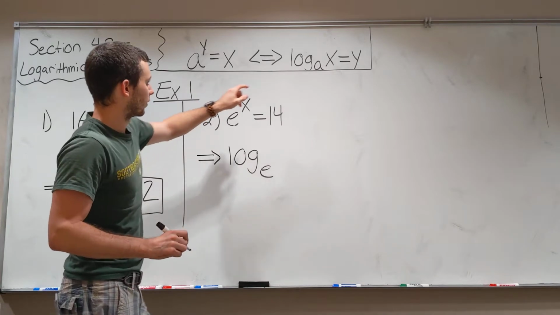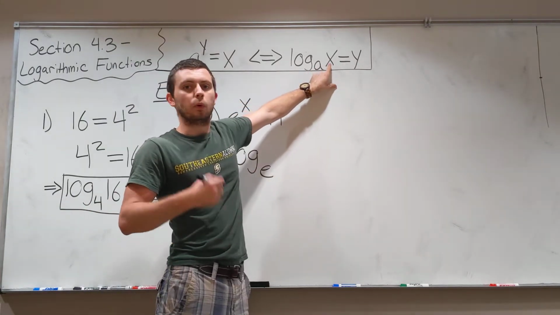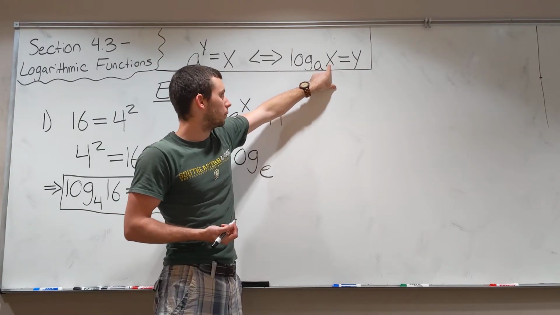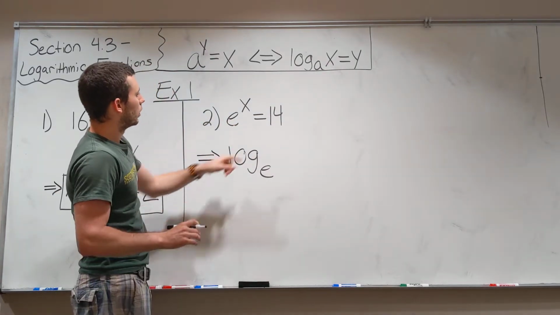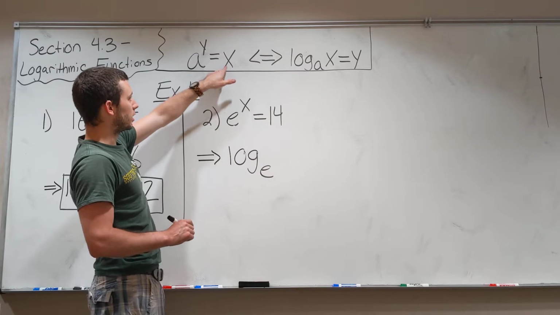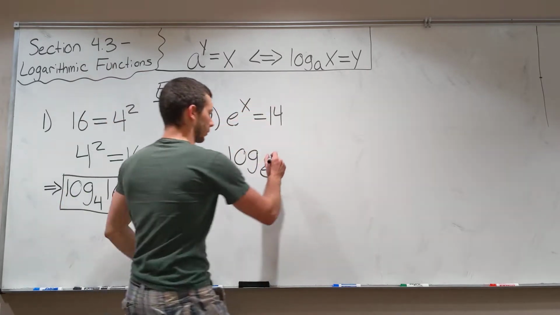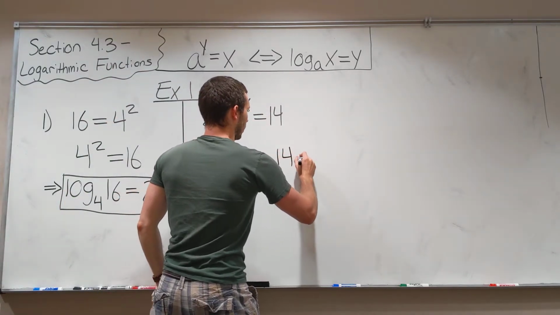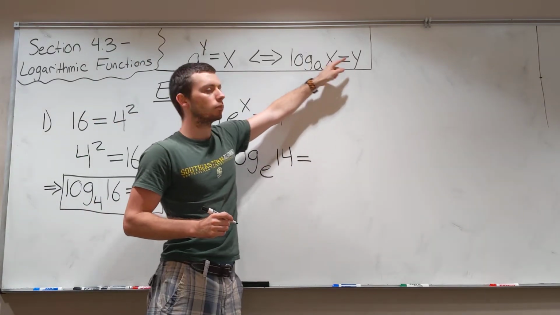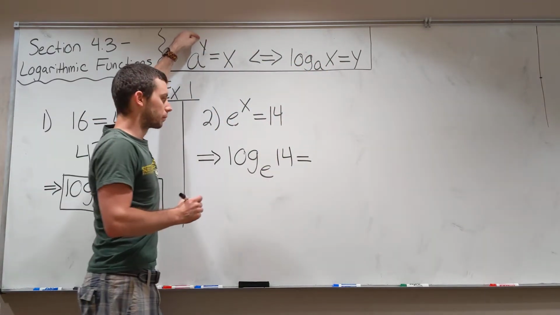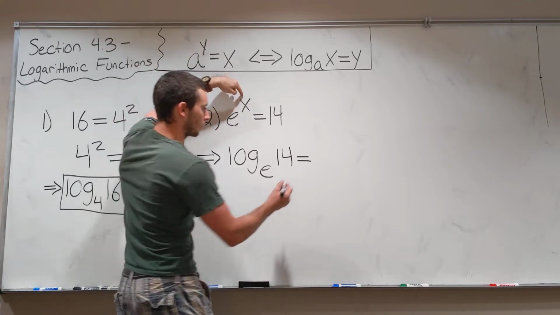And then from here, it says what the whole exponential function is equal to. That's what is now in the logarithm. So here, this whole thing's equal to 14. That tells us the 14 goes right here. And we set that equal to y, which is the exponent. The exponent here is x.